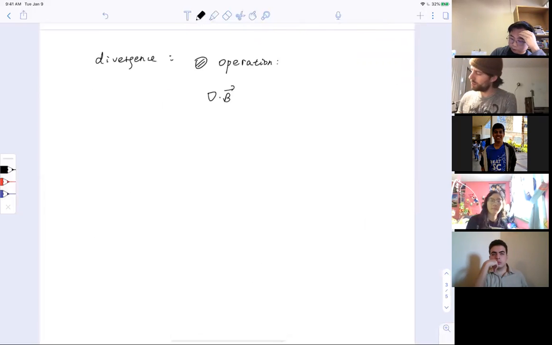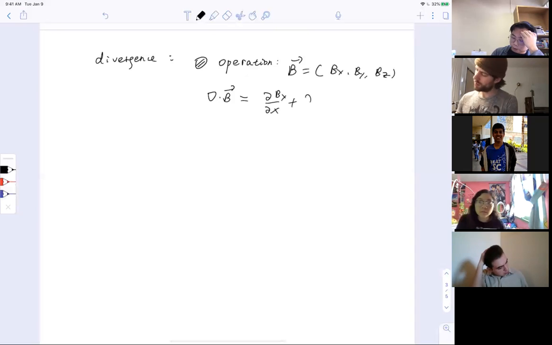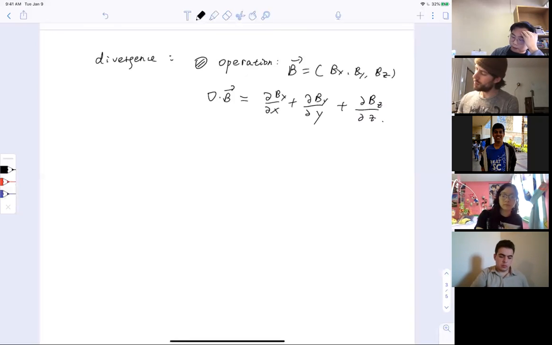Imagine I have a B field, which is Bx, By, Bz in Cartesian coordinates. Then this just gives us partial x Bx plus partial y By plus partial z Bz, like this. This is a scalar. This is a scalar field.